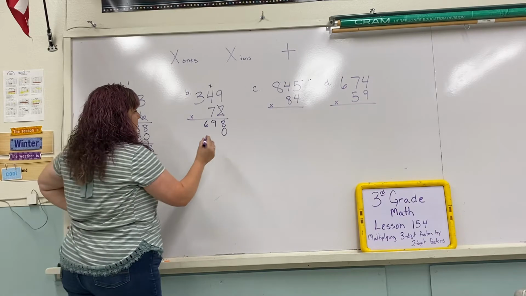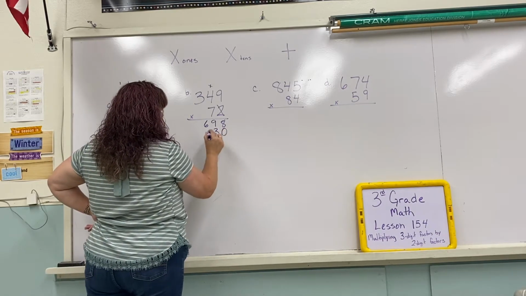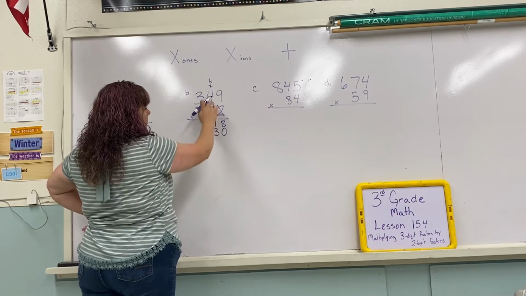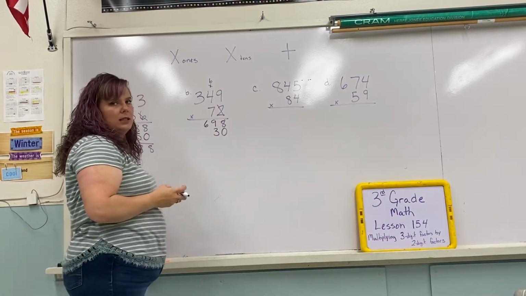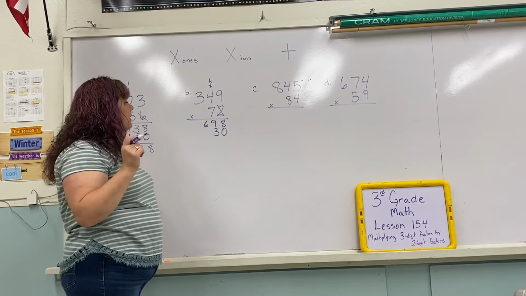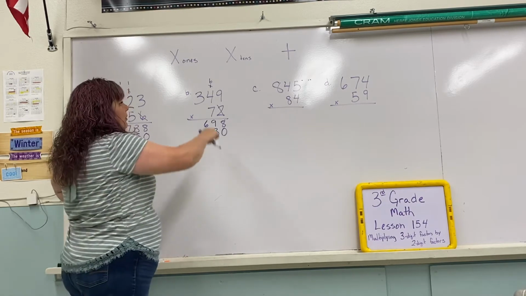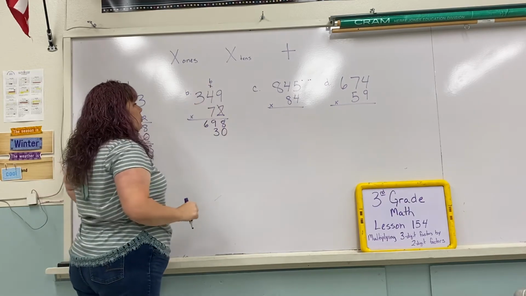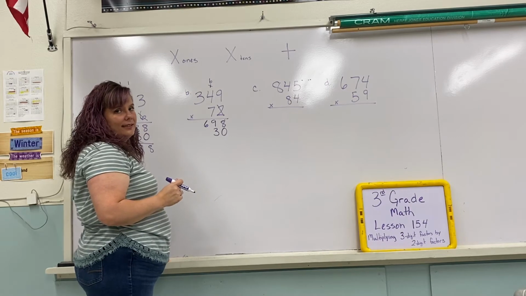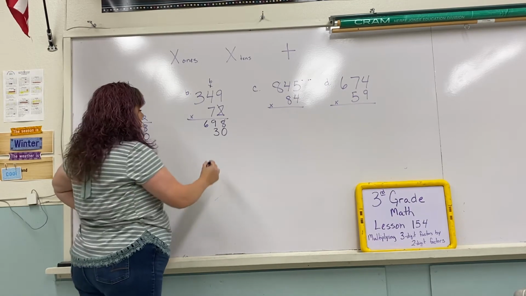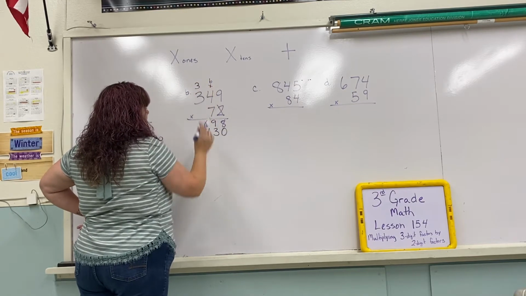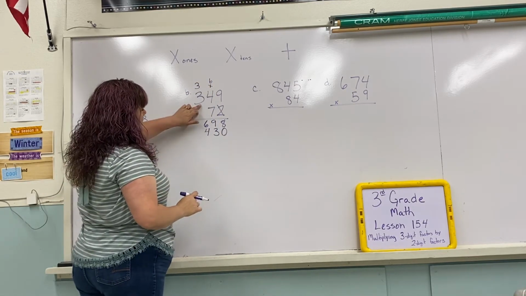Okay, 63. 6 gets carried up here. 4 times 7 is 28, and we've got to add this 6. 28 plus 6 is 34. 34. Okay, now we're on to our 3.